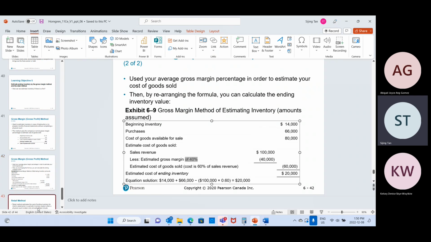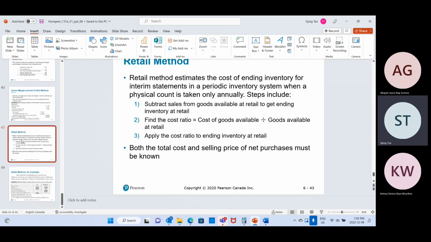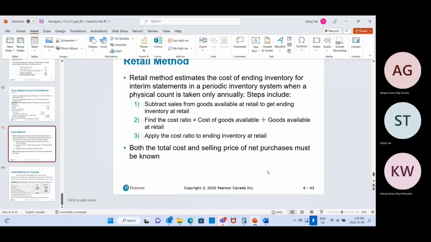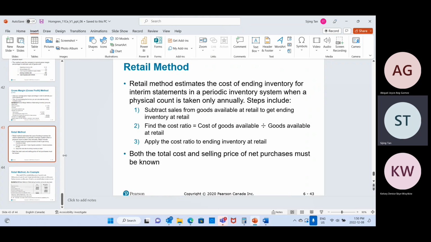Now, the last 2 slides quickly go through the retail method. The retail method is much easier compared to the other one. You need to calculate a retail ratio, and in order to know that, you must know both the beginning inventory and net purchases at cost, and also the net purchases at selling price.